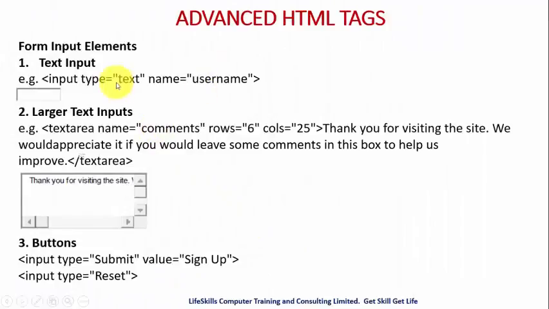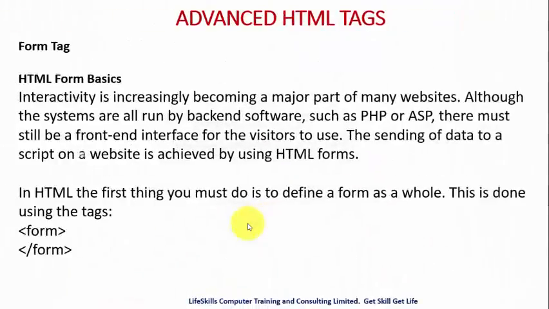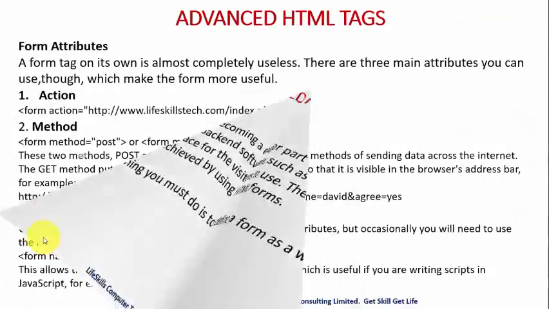Now let's quickly look at the input element before we go into the practical session. There are some elements that go with your form tag. As you know, when you're writing the form tag, in between the opening tag and the closing tag, you put all the form elements.